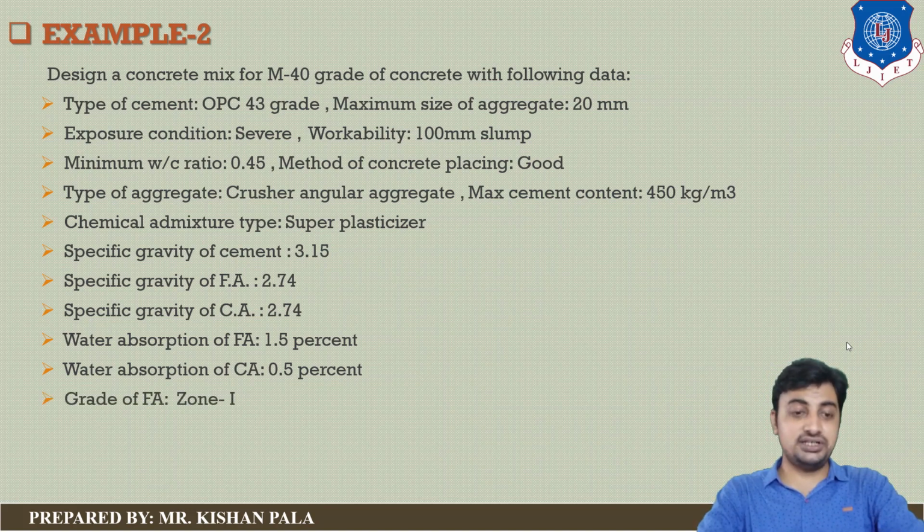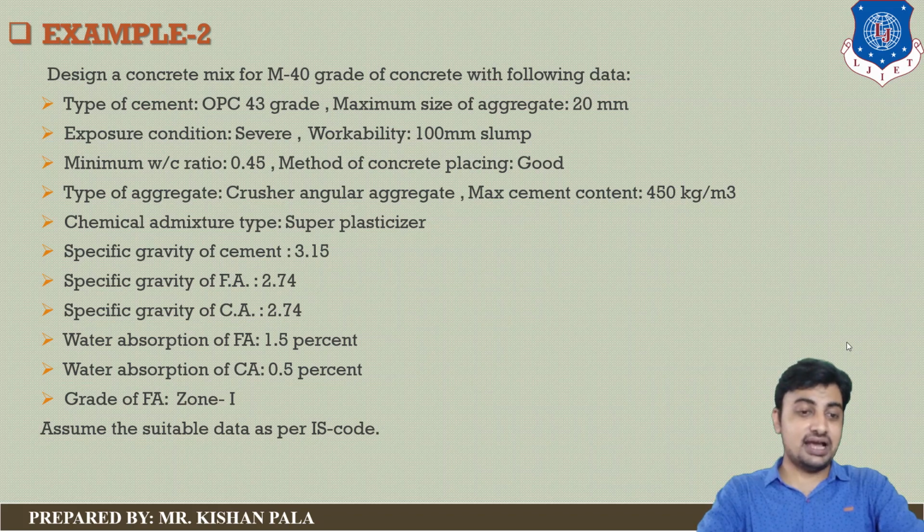We have to consider fine aggregate zone 1, and the remaining data you can assume suitably based on Indian Standard. So this is all about the requirements of the mix design.